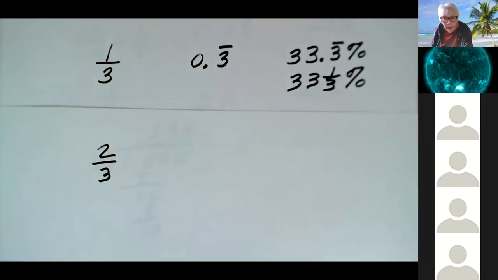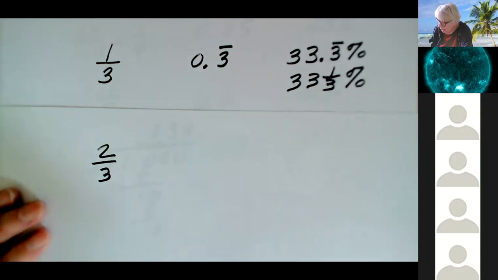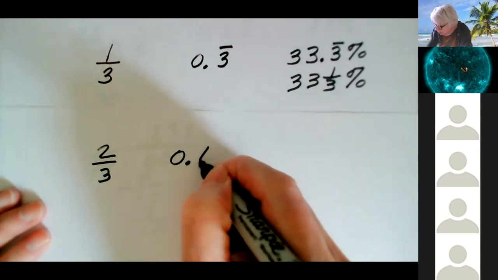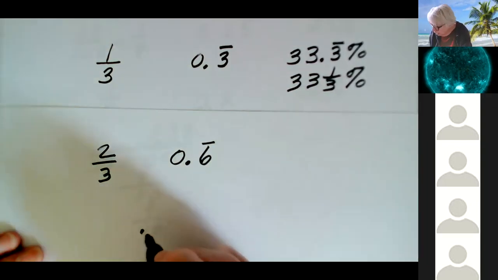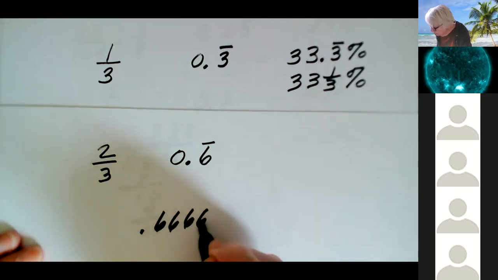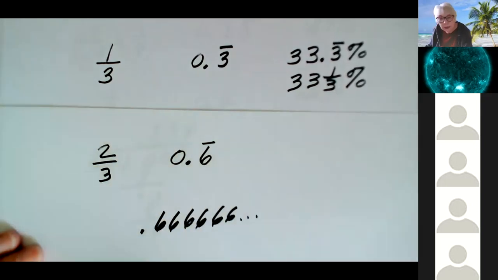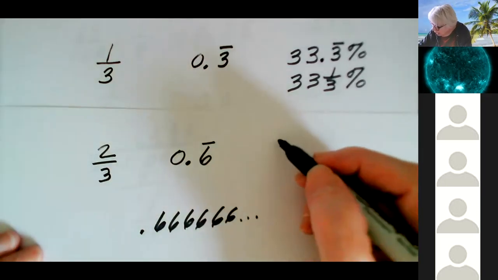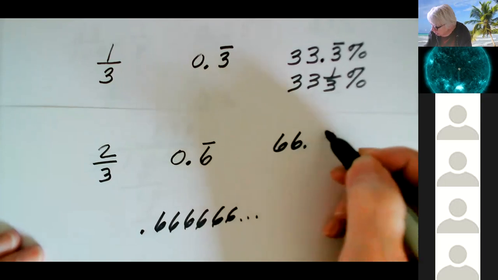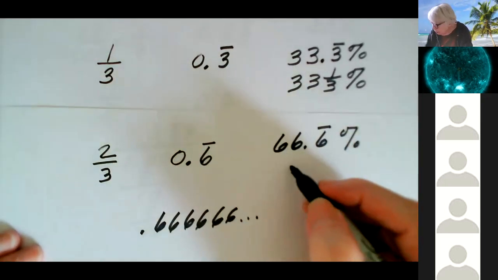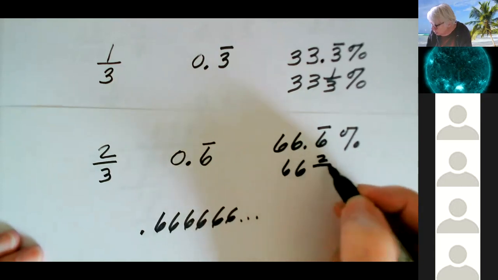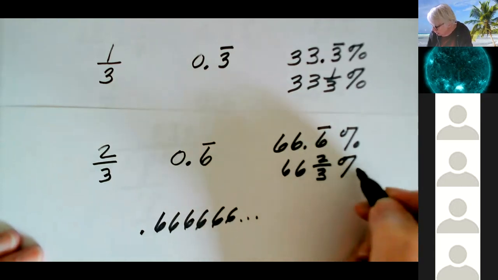When you divide it out, it comes out this 6, 6 forever. And so you divide it out. So what you get is 66.6 repeating bar percent, or 66 2/3%.